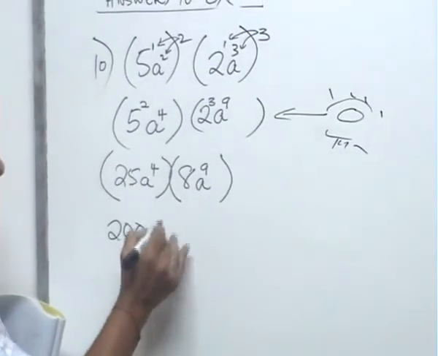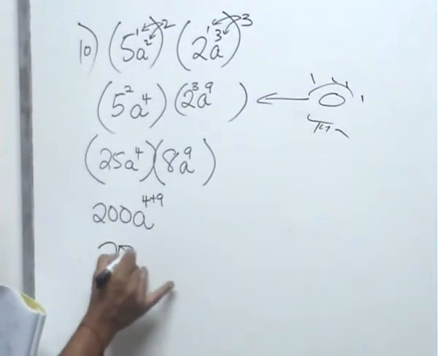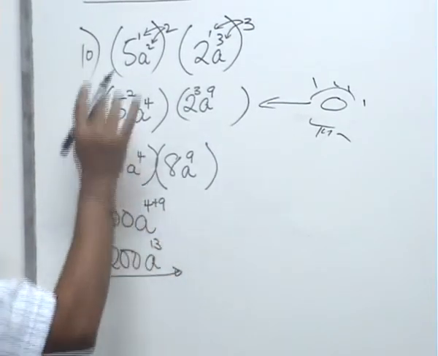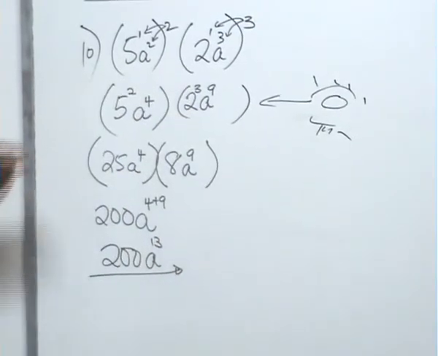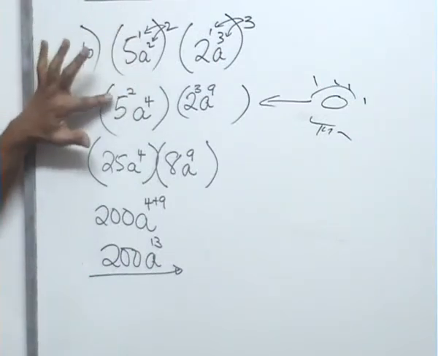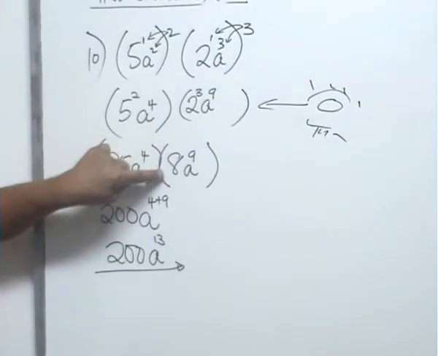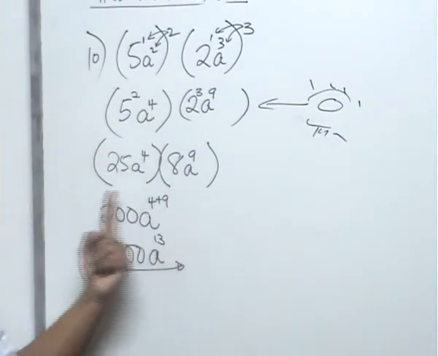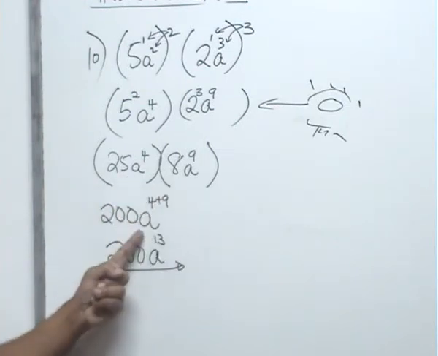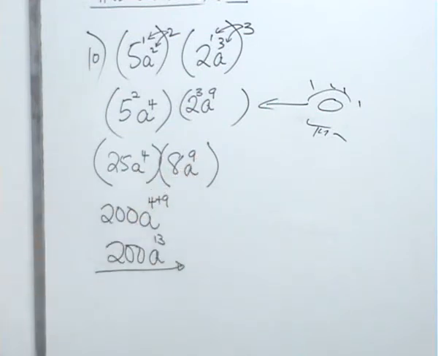So you write down the base A and you're adding 4 plus 9 and you'll get 200 A to the 13. So in other words, in this example, we started with the power to power law. We came down here. Then we just decided to simplify 5 squared, simplify 2 cubed. And then when we looked here, we realized that we could use the multiplication law. So we wrote down the base 1 time and added the indices.